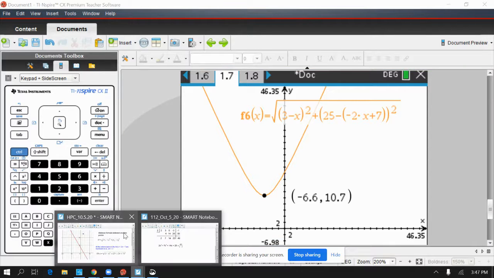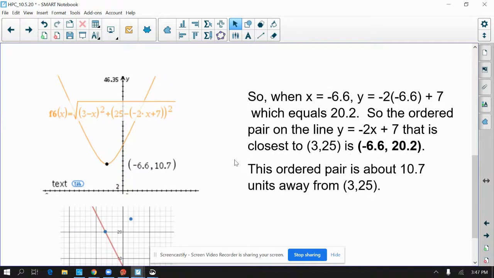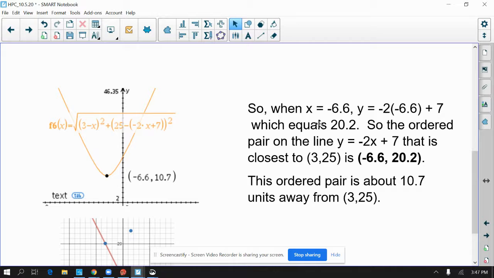So I have my answer. When x is negative 6.6, the y value on my line is 20.2. Just by plugging negative 6.6 into my line, I get my y value. So this ordered pair, (negative 6.6, 20.2), is on my line, and it is the closest ordered pair to (3, 25).